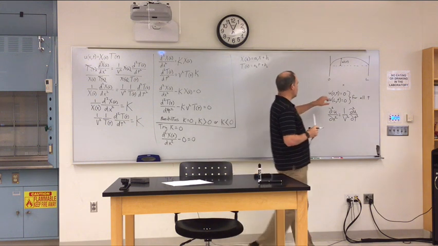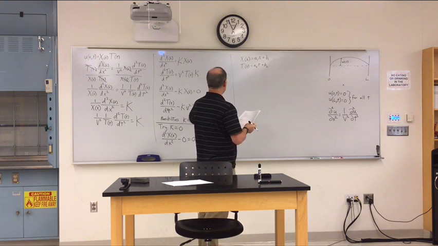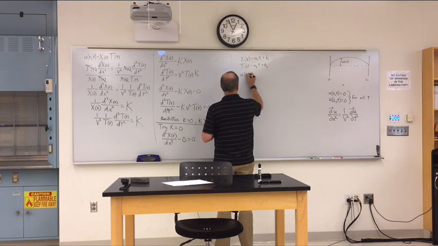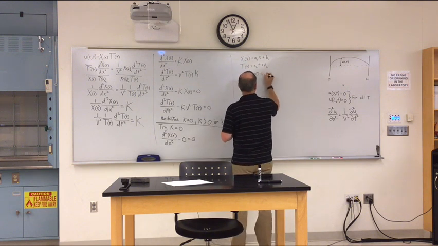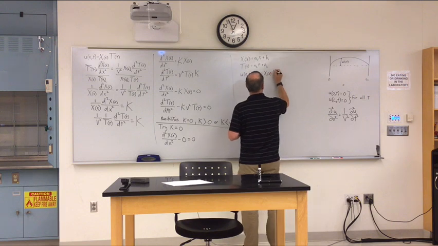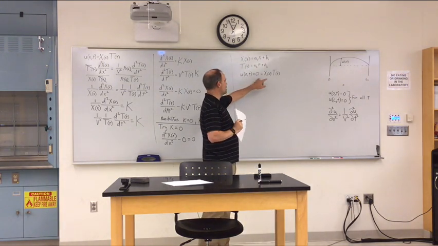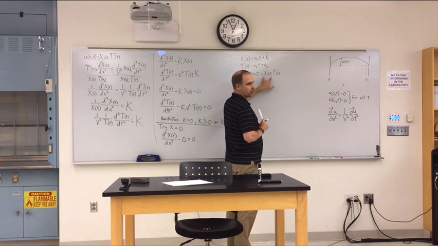So if it's 0 for all t, we're essentially trying to find u of 0 comma t, which needs to equal 0, which is equal to X of 0 times T of t. So this is going to be the case only if either this is 0 or that is 0.